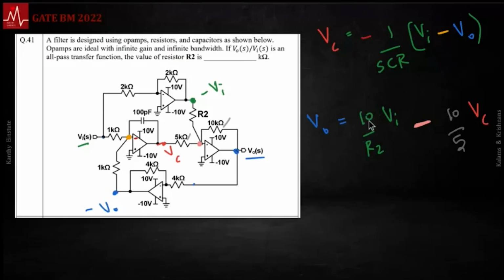Have this voltage, what will happen? Because you are applying a VI to a non-inverting amplifier with a gain of 10 by R2.